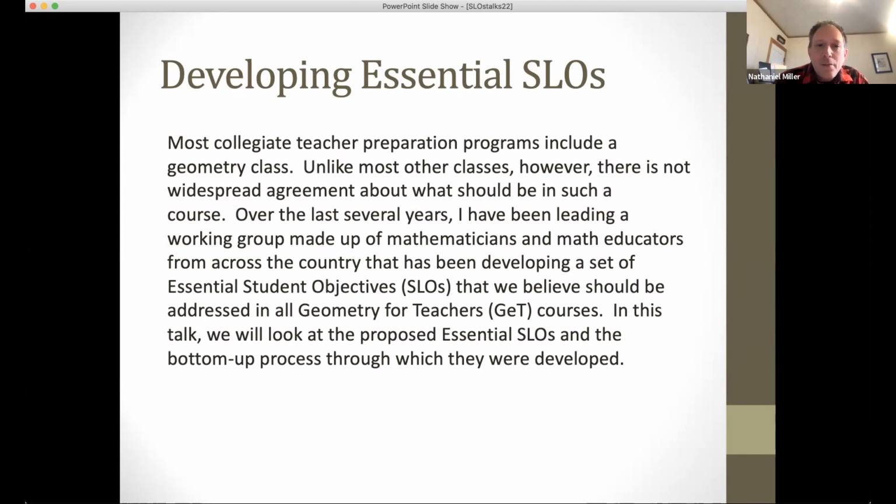Over the last couple of years, I've been leading a working group made up of mathematicians and math educators from all different kinds of places. We've been putting together a set of essential student learning objectives for this course. I'm going to talk about those a bit today, and also a little bit about the process that we've been going through to come up with those.